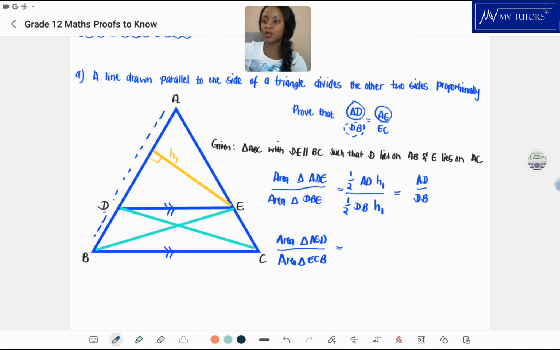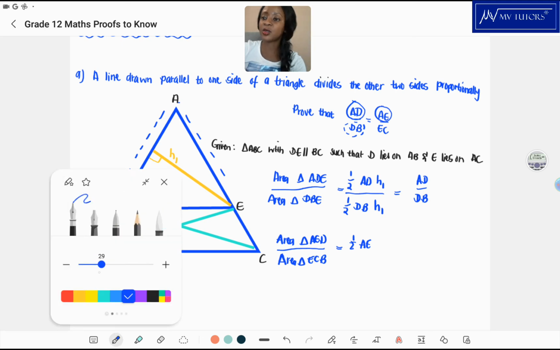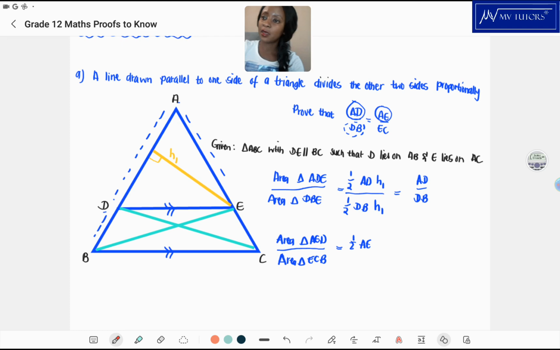Okay, so same thing here. If I'm going to take my base as AE, as you see there, so we have half base AE times height. So there again, I'm going to have my perpendicular height, which would do something like this.